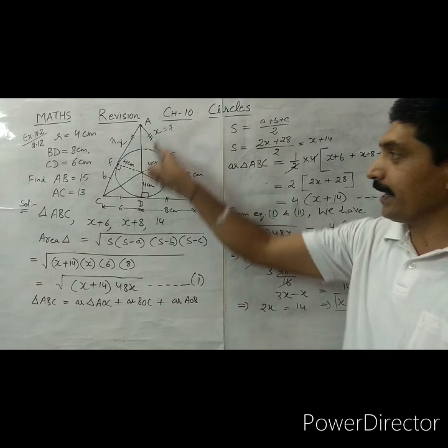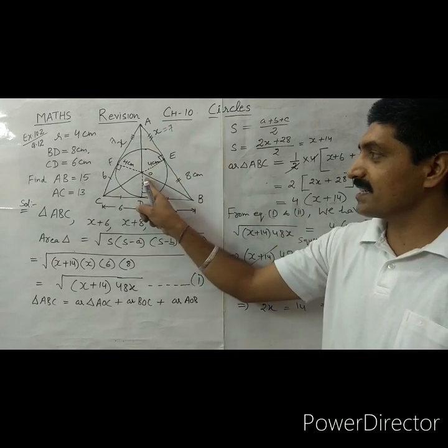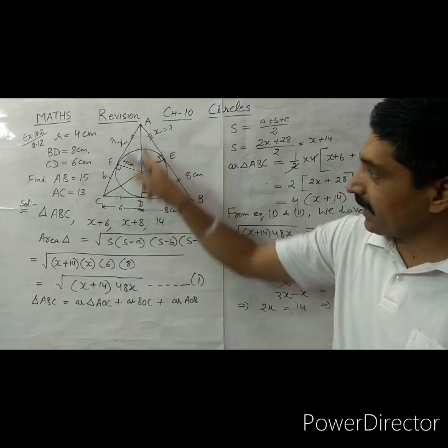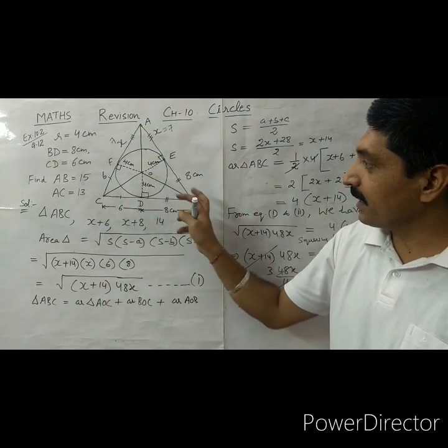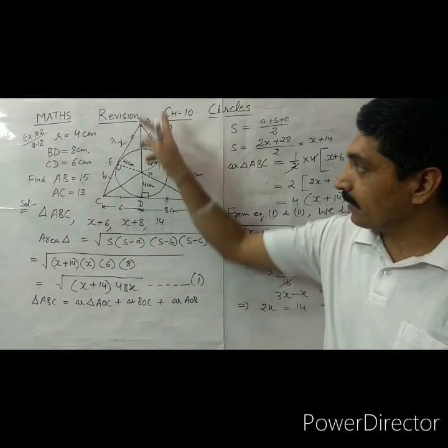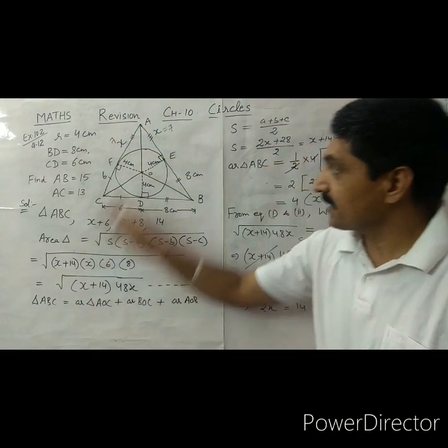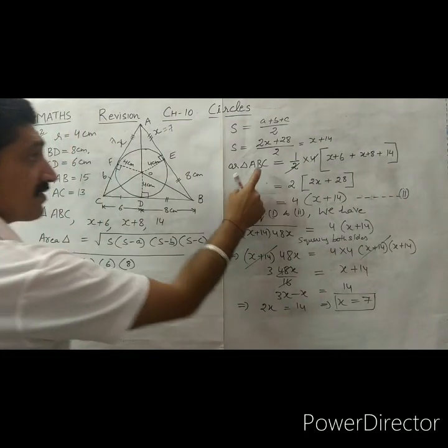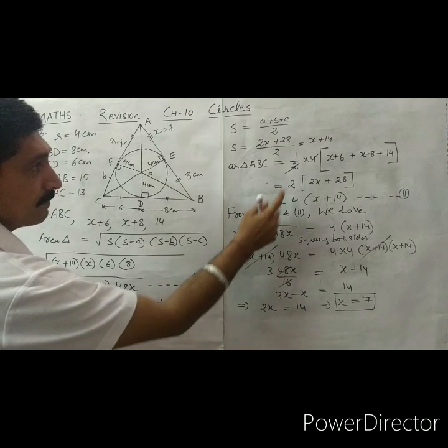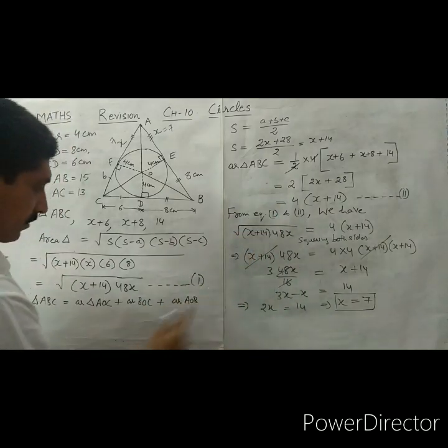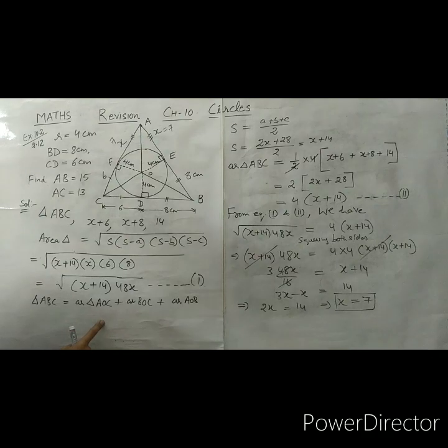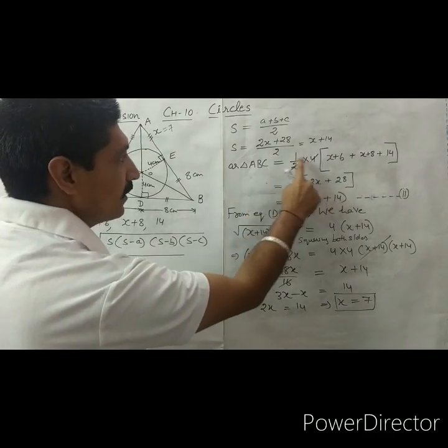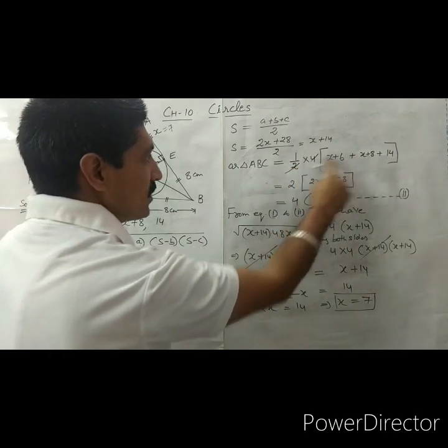Now by joining AO, BO and CO, I have drawn three triangles, triangle AOC, AOB and BOC. So the area of a triangle ABC is also equal to the sum of these three triangles. So here these three triangles, their area is equal to half into base into height, second half into base into height.